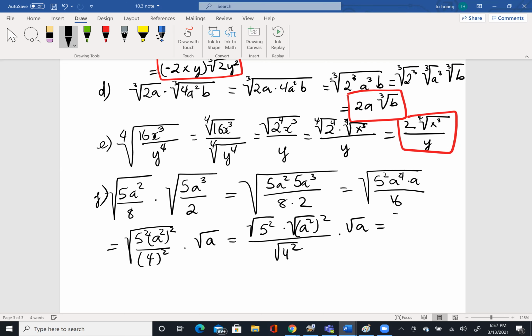Finally the answer has to be 5 times a times 4 divided by 4, multiplied by the square root of a, as the answer. Okay. Oh, I forgot a square, right? Because a squared, right? So just cancel out only one square. Okay.